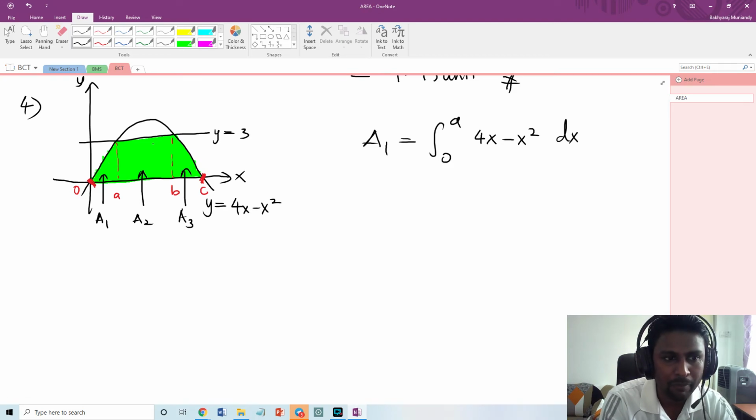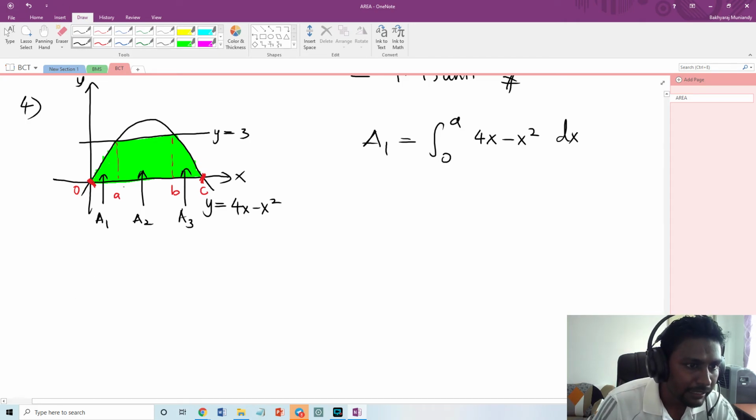The 3 is not included because we are only finding this area, the A1.